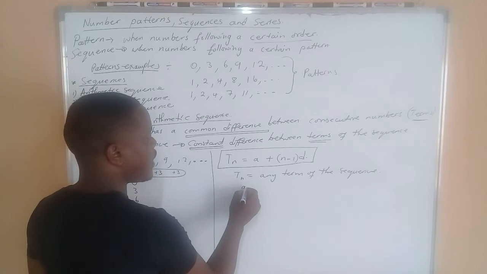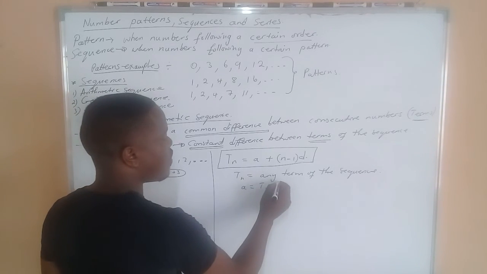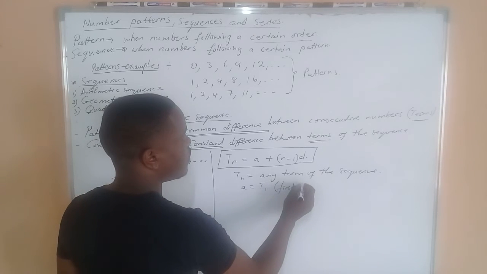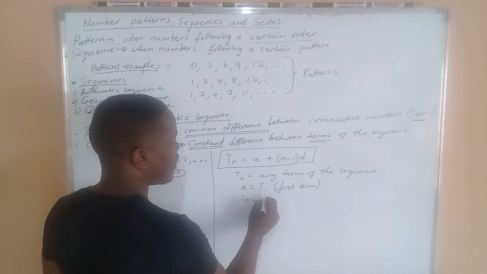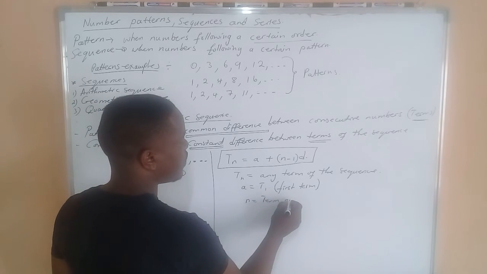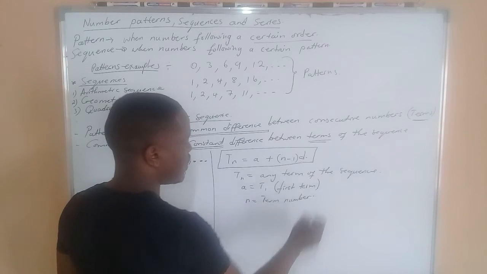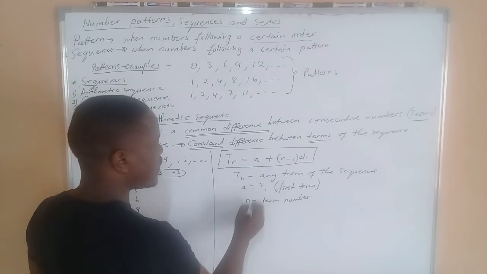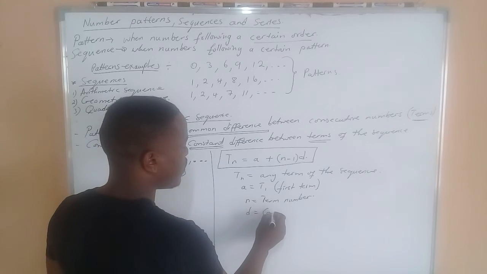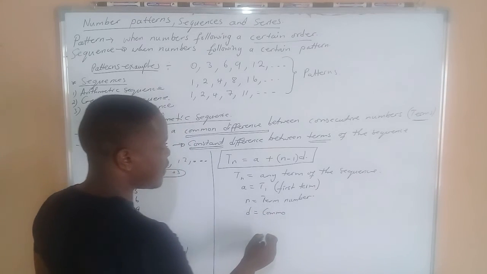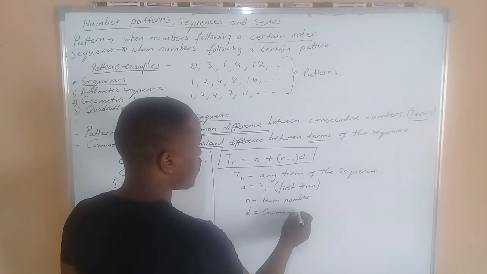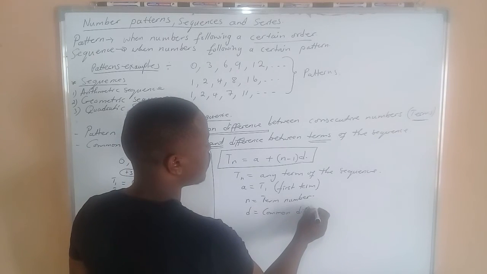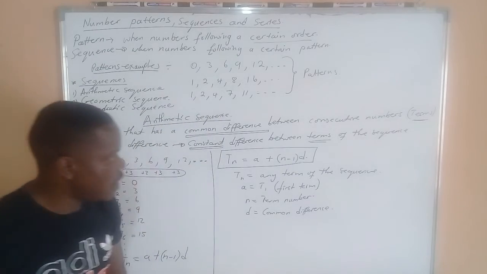Then a is equal to term 1, the first term. Then n is the term number. Then d is the common difference, which you normally find first when you want to know whether the sequence is arithmetic, geometric or quadratic.